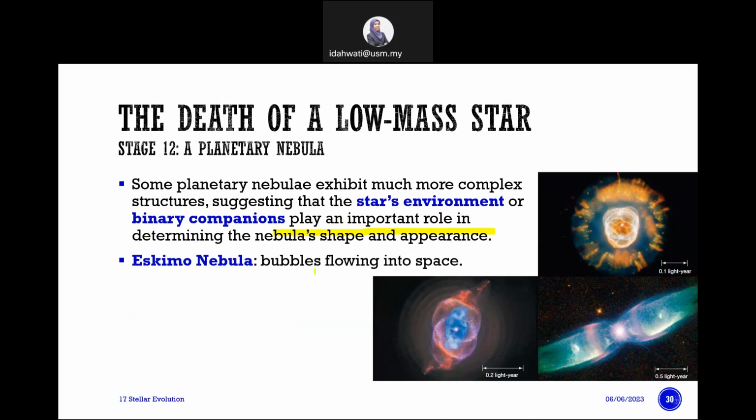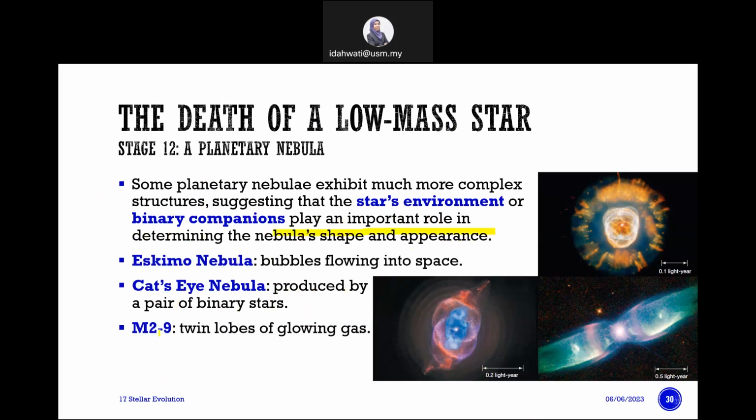We have bubbles flowing into space, the Eskimo Nebula, the Cat Eye Nebula produced by a pair of binary stars, and M29 with twin loops of glowing gas.